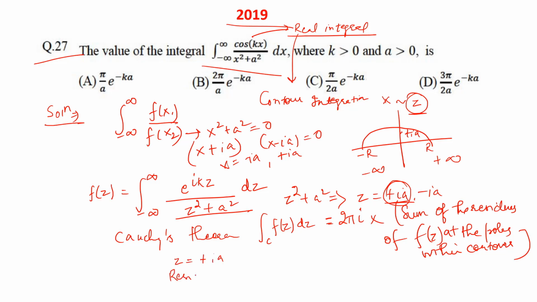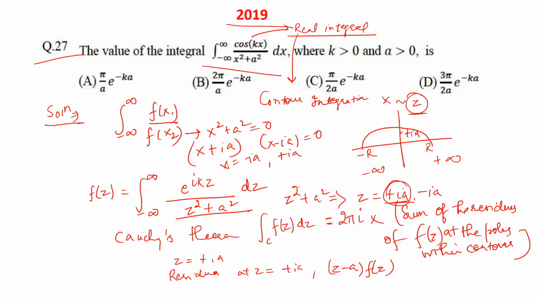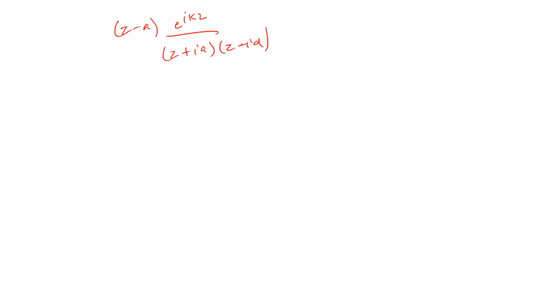So the residue at z equal to plus iota a is the limit of z minus a times f(z). So z minus a times f(z) is e raised to the power iota kz over z plus iota a and z minus iota a. In this case, a is plus iota a, so this term will cancel, and we are finding the residue at z equal to plus iota a.